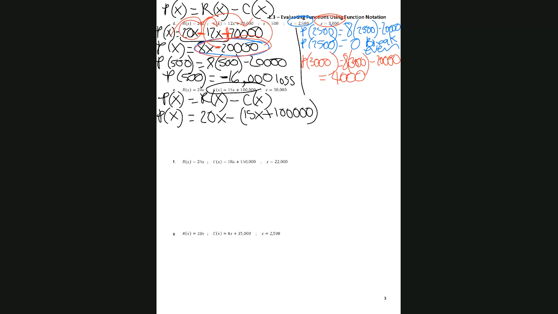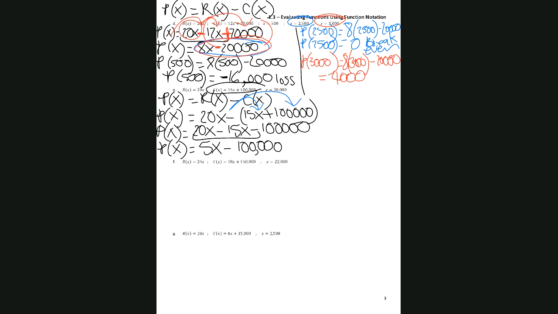And that is very, very important, because if you don't, then you will not have the correct equation for profit. So this profit equation will be 20x minus 15x minus 100,000. And so here the only like terms are right here. So that will give me 5x minus 100,000.